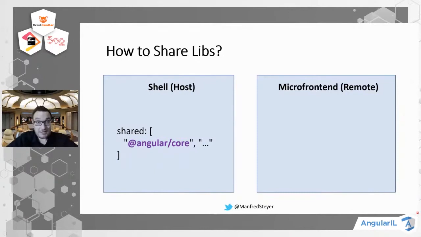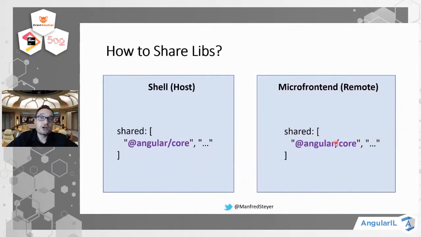But in the easiest situation, you just go with an array. And here I'm saying, hey, I want to share Angular core. And I'm doing the same over there. And when this is overlapping, then the micro frontend is reusing Angular core from the shell. If the shell is not providing Angular core, the micro frontend loads its own version.